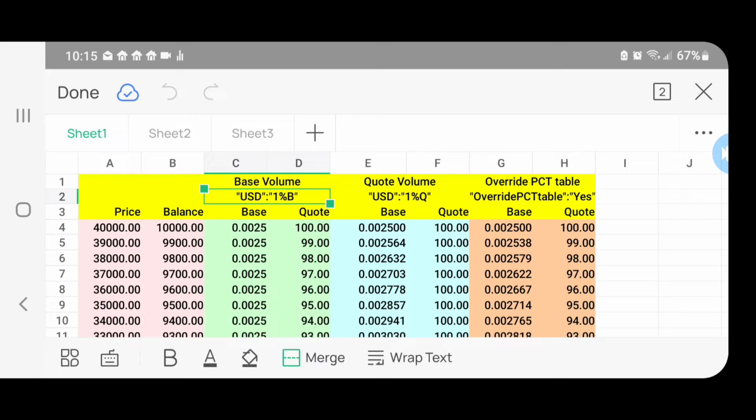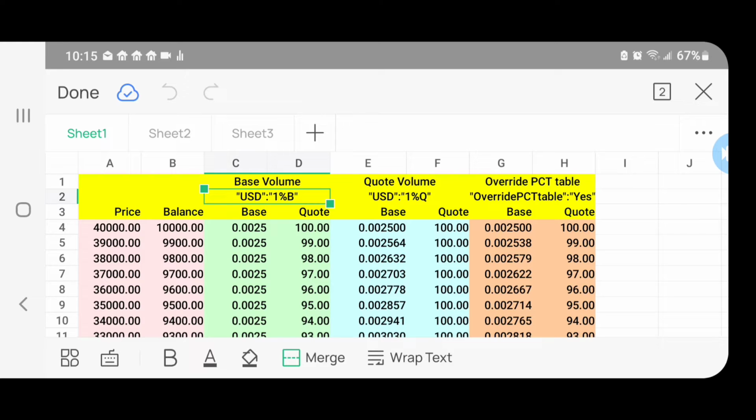So with base volume, your base value always remains the same. In this case, 0.0025. So no matter what the price does with the asset, the base amount of what you are purchasing is going to remain the same always.